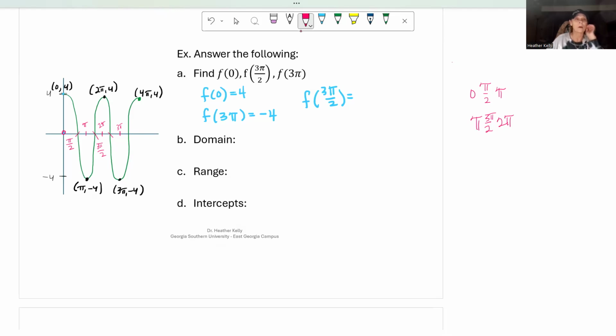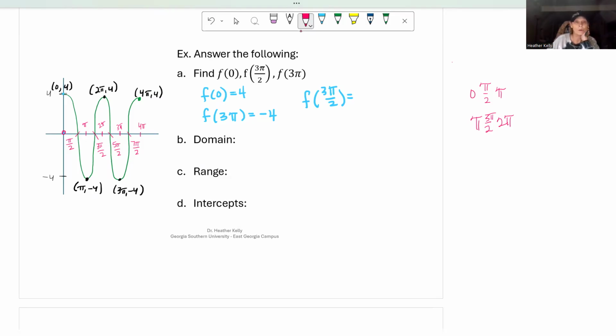Or let's do it this way: 1 half, 2 halves, 3 halves, 4 halves. So this would be 5 pi over 2. 3 pi is 6 halves pi, right? So 6 halves, and then this would be 7 pi halves, and then 4 pi is 8 pi halves.